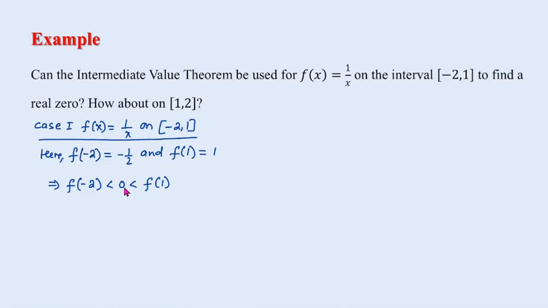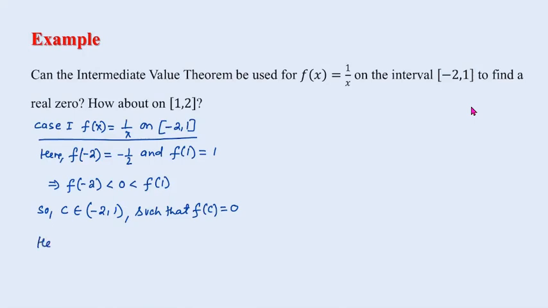So we can say there is c in the interval from -2 up to 1 such that f of c is equal to 0. Meaning of that is there is a real 0 in this interval.